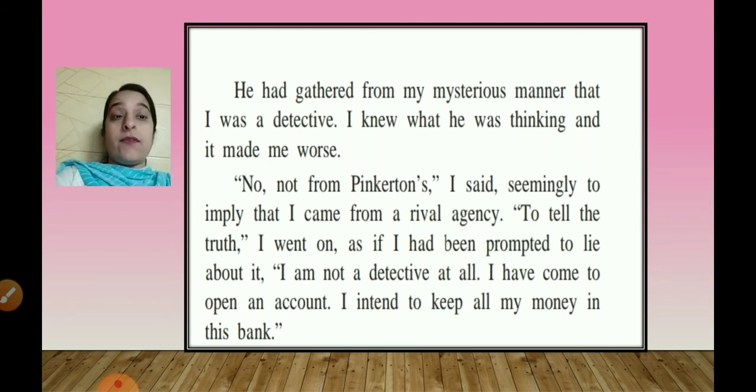Rival means competitors. To tell the truth, I went on, as if I had been prompted to lie about it. Then he said, I am not a detective at all. I have come to open an account and I intend to keep all my money in this bank. So he convinced him that he was not a detective. He had just come to open an account in this bank.